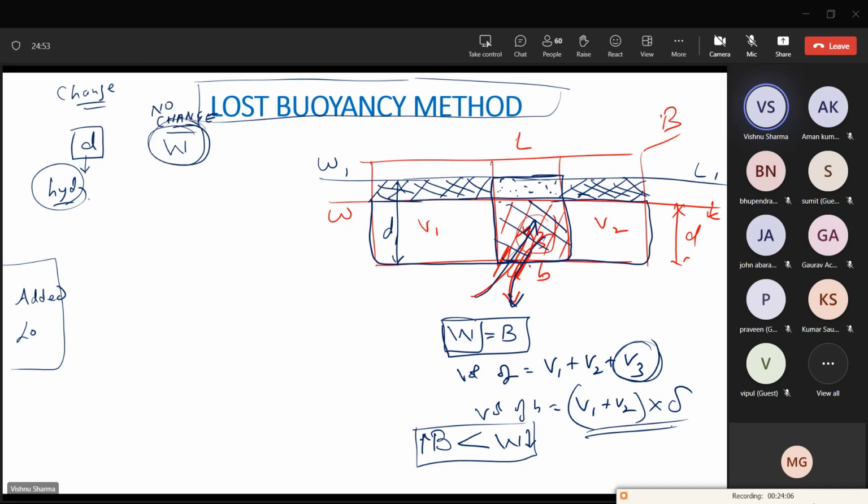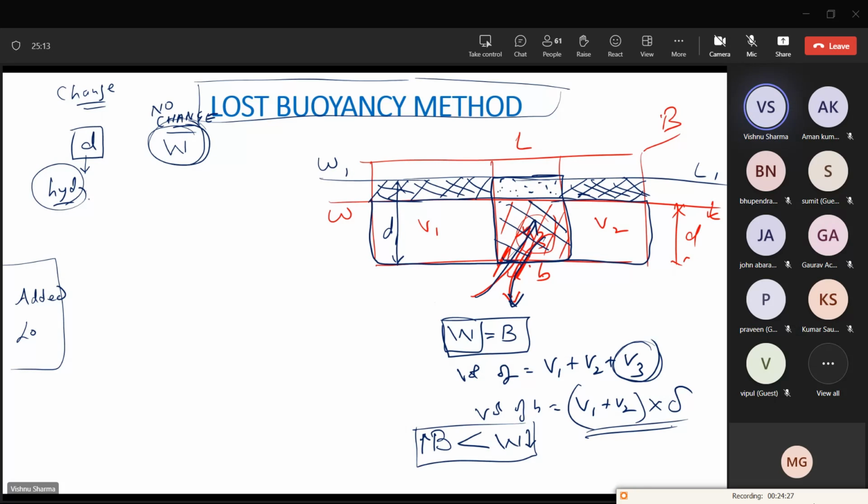Am I correct? Under added weight method, since the bilged water belongs to you, any free surface created in the bilged compartment will also belong to you and will add to your FSM. Yes or no? Correct?